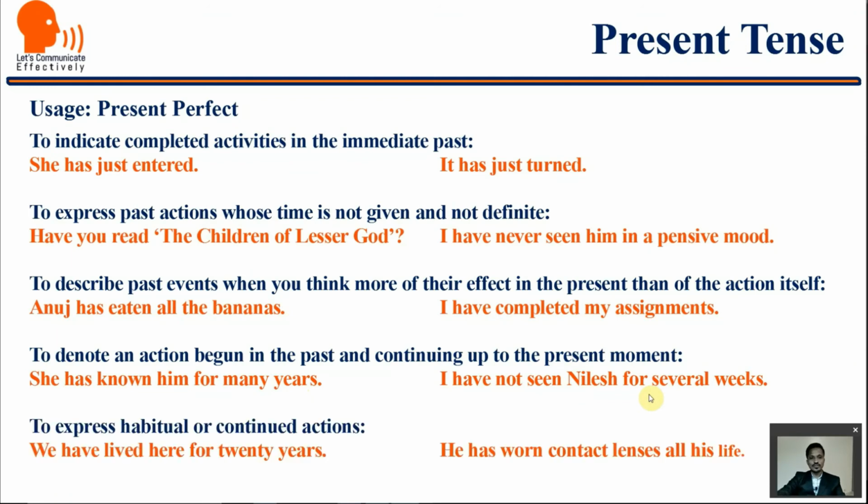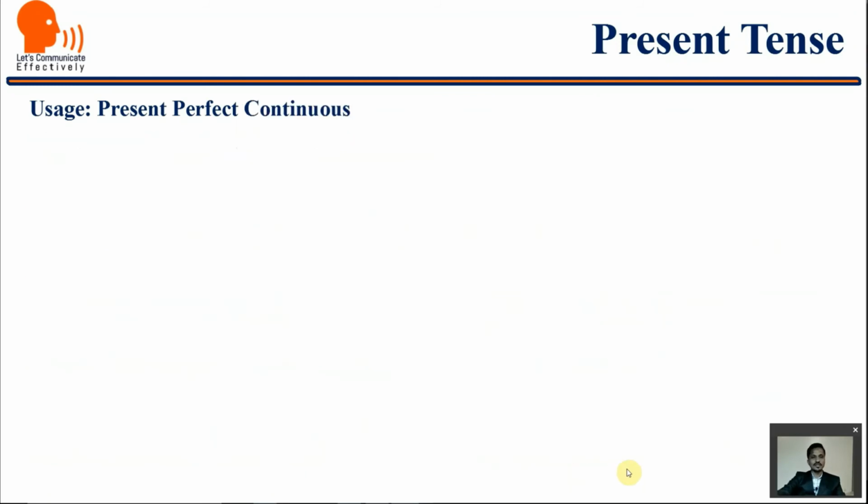To express habitual or continued actions, again, present perfect is used. Like, we have lived here for 20 years. He has worn contact lenses all his life. So it is a habitual or continued action. Continued, right? And habitual, like contact lenses. To express that, present perfect is used.